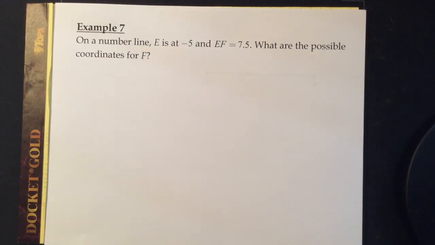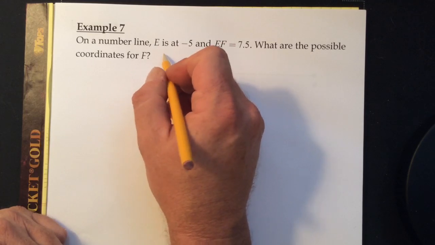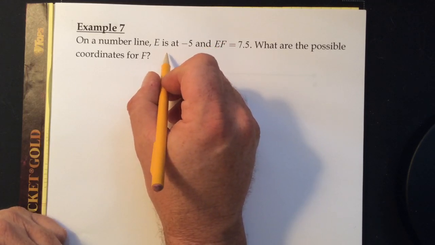In example 7, it tells us on a number line, point E is at -5, and the length of EF is 7.5. What are the possible coordinates of F? And this time we're going to use the ruler postulate again, but we're going to use it in a slightly different way.